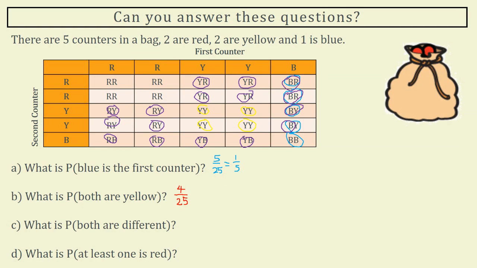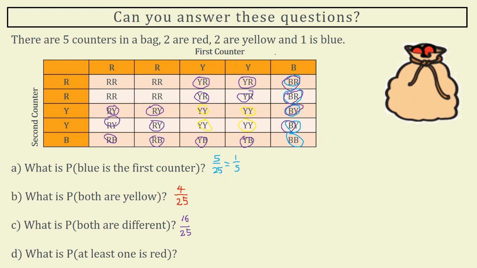We've got 1, 2, 3, 4, 5, 6, 7, 8, 9, 10, 11, 12, 13, 14, 15, 16. 16 out of the 25. Well done if you got all of those ones where they were different. And again, we can't do anything with that. The only thing that's going to go into the 25 that's going to help is 5, and it won't go into 16.